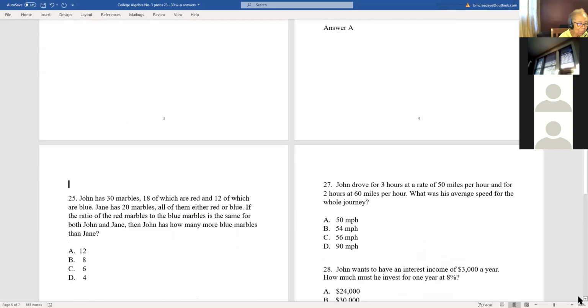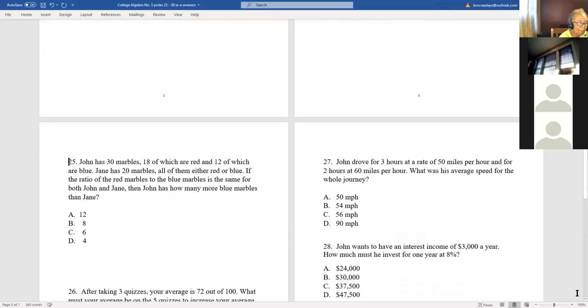Latoya, how would you solve 25? Can you see it? Read number 25. John has 30 marbles, 18 of which are red and 12 of which are blue.